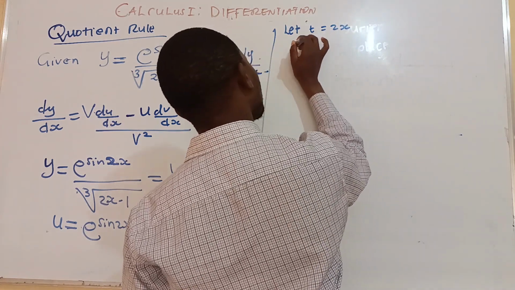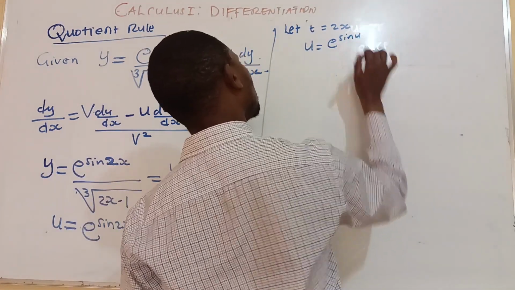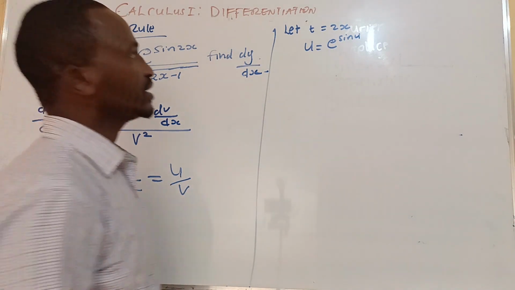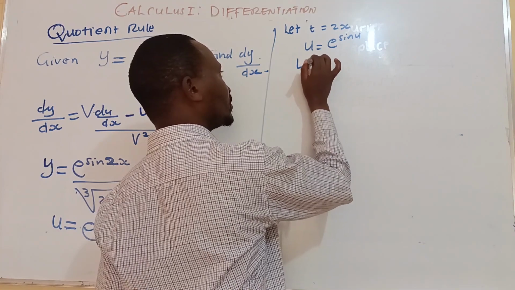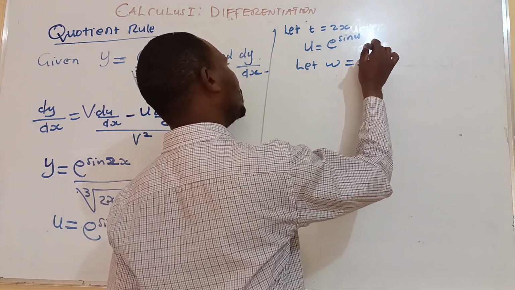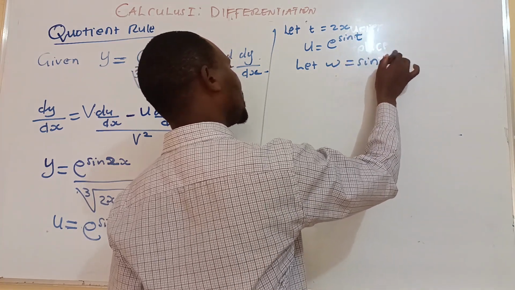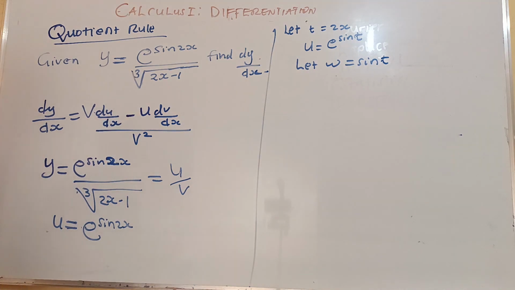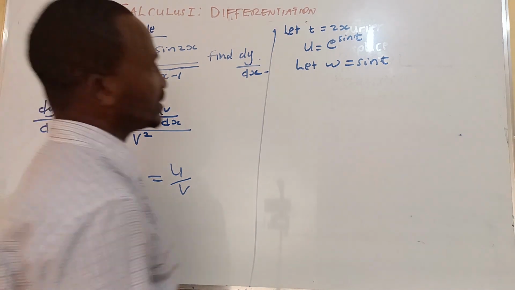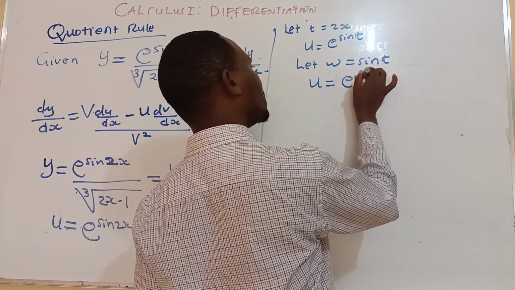So we have u is equal to exponential sin t. And also we can say that w is equal to sin t. So that u now is equal to exponential w.